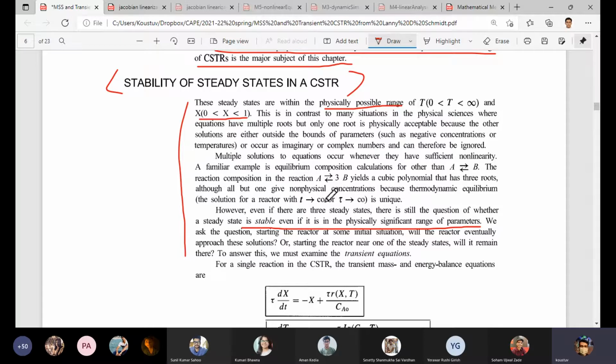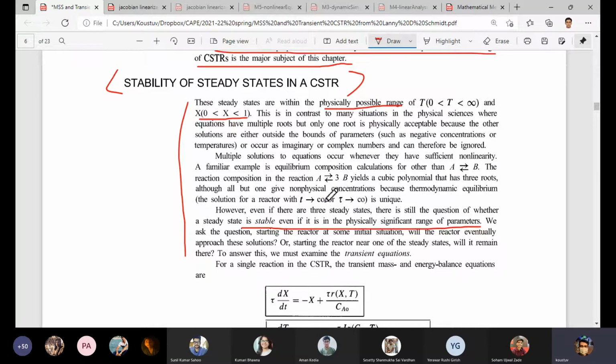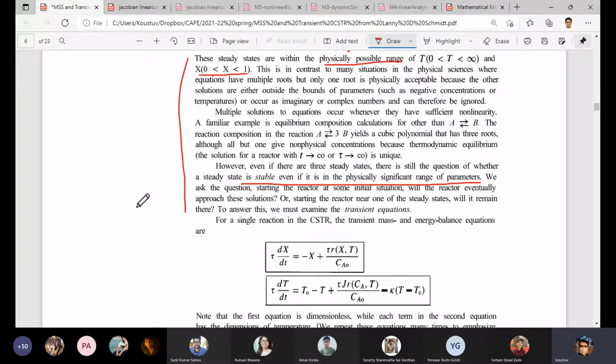So what do we do further to say whether it is stable or not, even if it has occurred in the physically significant range? What typically happens is that we start from the unsteady state equations, keeping the accumulation or transient term, and then we try to integrate based on some initial conditions, at t initial and x initial, which is basically 0.